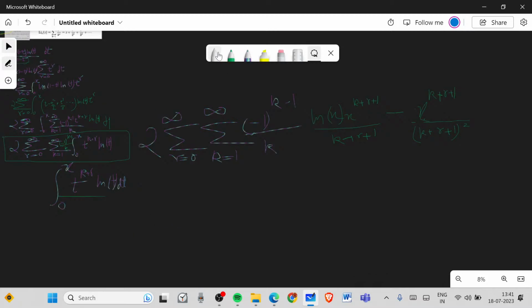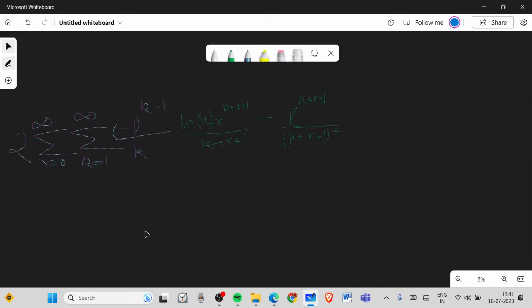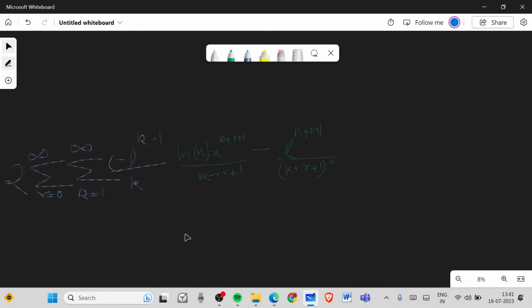Okay, now this is our thing, and of course there is a factor we are missing, but basically we are first of all trying to solve this integral. I won't like to use the eraser, I shouldn't erase all the things. So this is the thing we are left with.